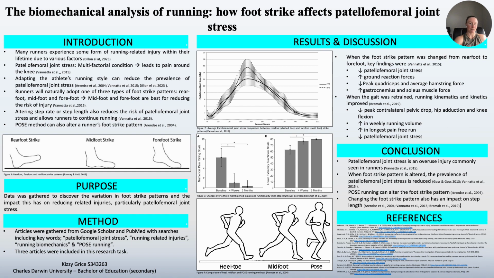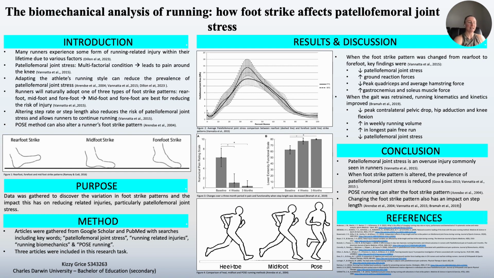Additionally, when a forefoot strike pattern has been adopted, the center of pressure moves more anteriorly on the foot and increases the load through the Achilles tendon by 11%. When the Achilles tendon and tissue surrounding the ankle joint are stronger, better shock absorption is provided to the rest of the lower limbs and ultimately the rest of the body.